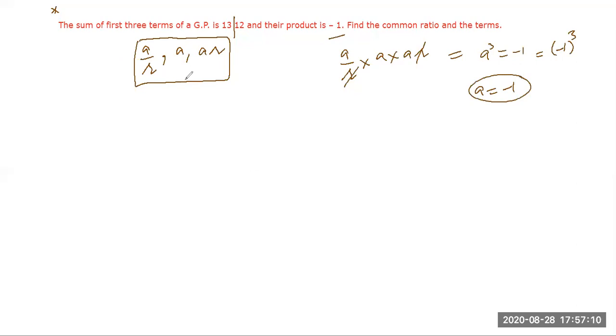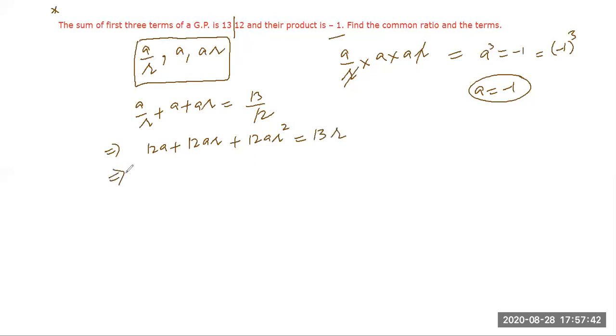Otherwise it becomes difficult. And then there's the sum. So you simply sum them, make it a series. a by r plus a plus ar is equal to what? 13 by 12. All right. So you simply multiply everything by what? 12r. So this becomes 12a plus 12ar plus 12ar square is equal to 13r.